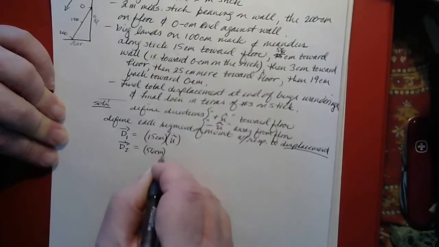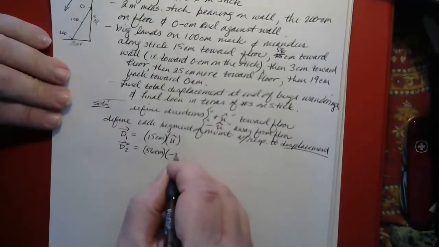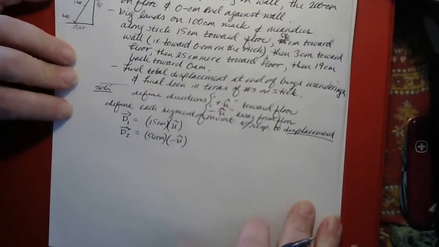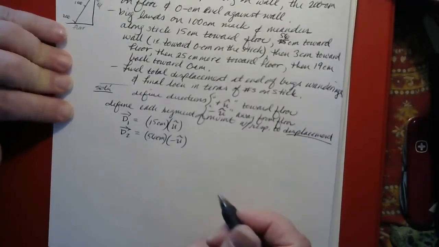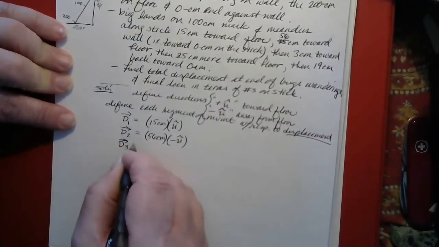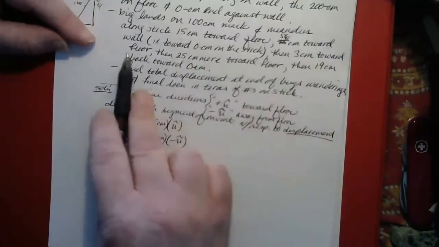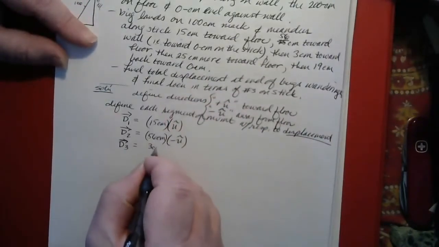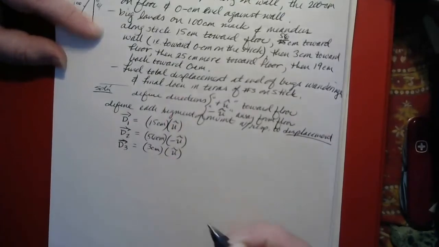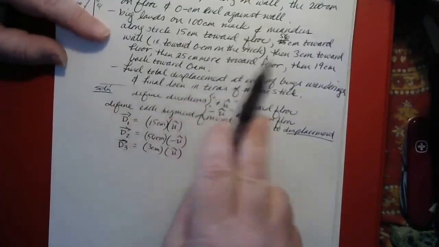So the distance is still positive. The magnitude of the vector is still positive, but it's the vector itself that's negative, because negative, again, denotes direction. Okay, the third segment, it says then 3 centimeters toward the floor. That's going to be 3 centimeters times the unit vector. Then it takes a rest.